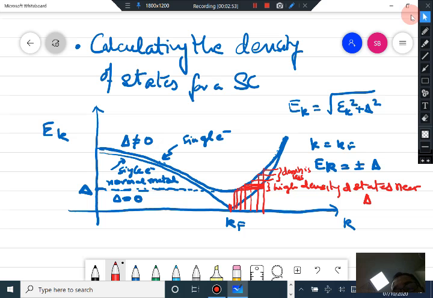So very near delta, very near the Fermi energy, there is a very high density of states which are around EF plus delta or EF minus delta. So around the boundary of the gap, there is a very high density of states that comes because of the nature of this dispersion of electrons in the superconducting state. And as you go away from delta, the density becomes less, as you can see here.